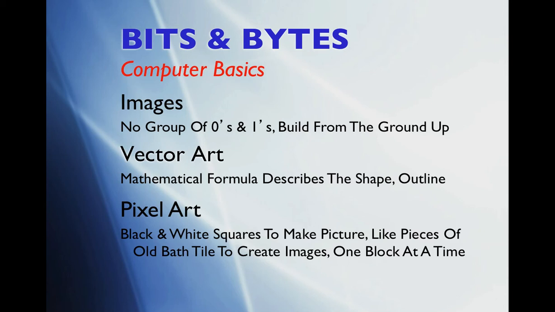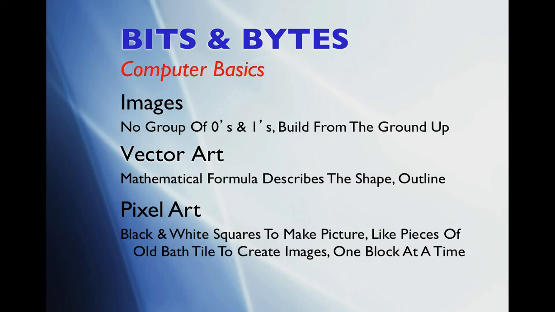Then we have pixel-based art, and that includes anything that we capture in our digital camera, anything that we capture by scanning, and anything that we create or manipulate in Photoshop. We consider all of that to be pretty much the same.